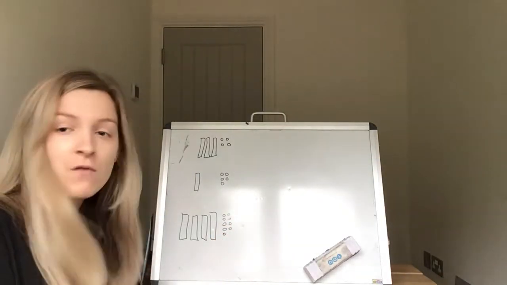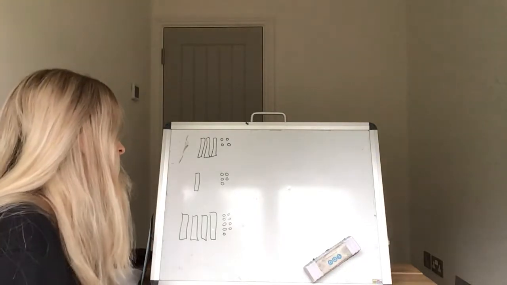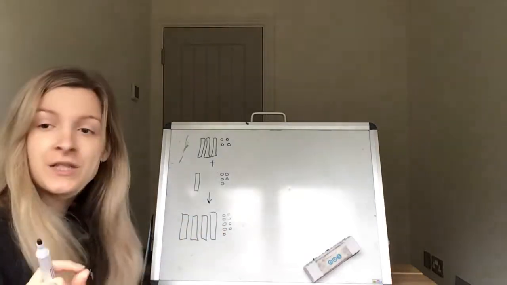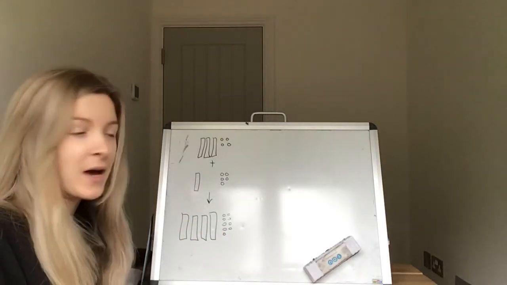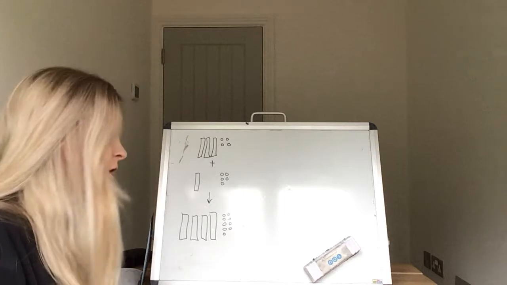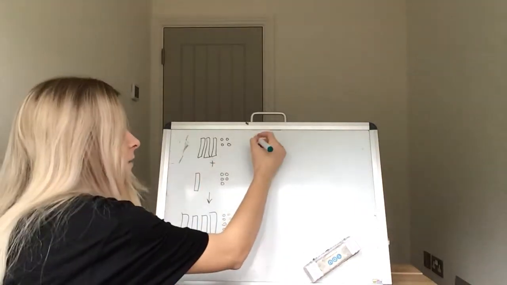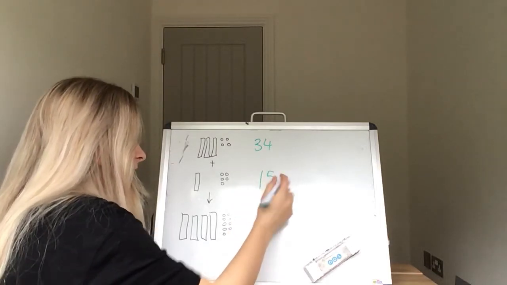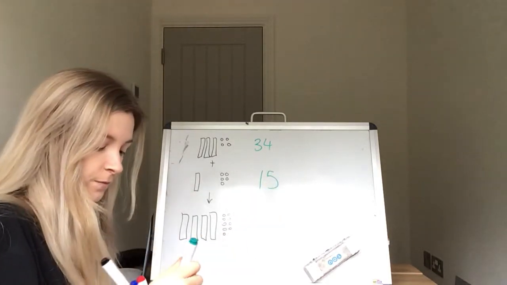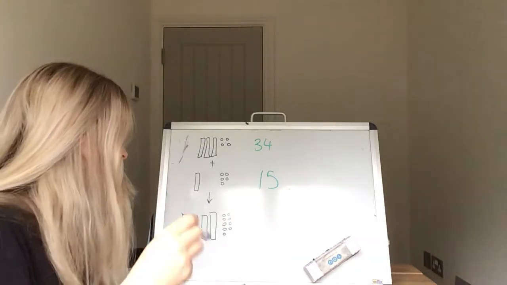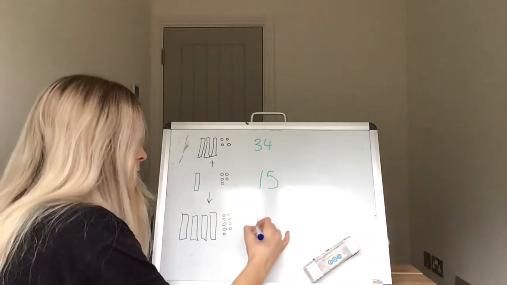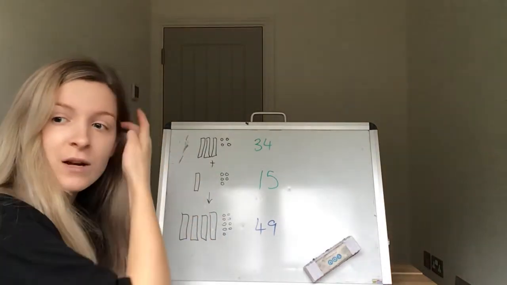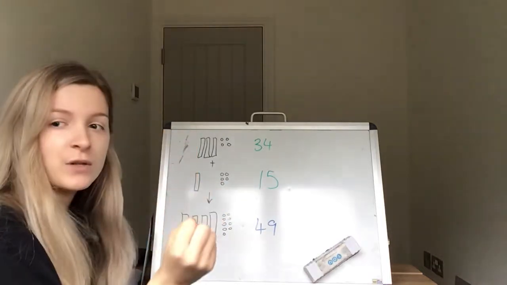Okay, so different representation. I've used Dienes this time. What are my two addends? My two addends are, of course, this number, 34, this number, 15, and my sum, remember my total, my sum is this one here, 49. Okay, you've got to really think carefully when the representations change, which numbers are you adding together?